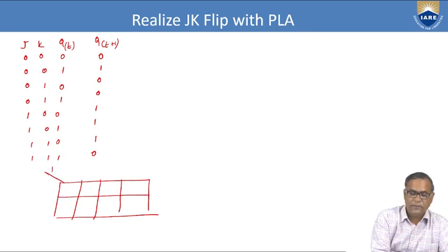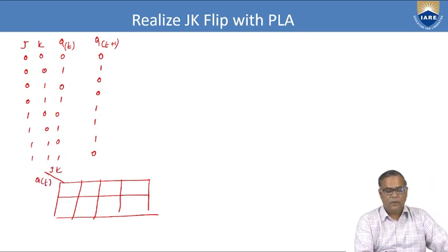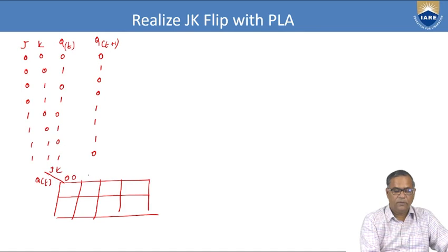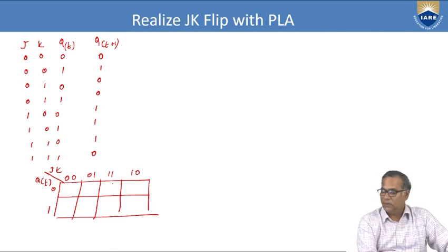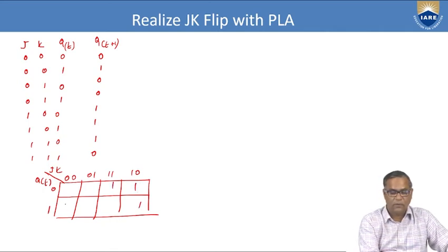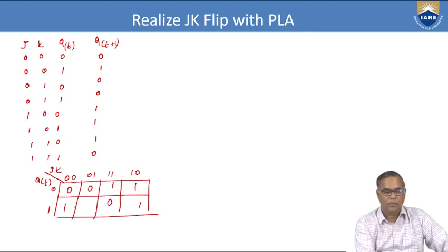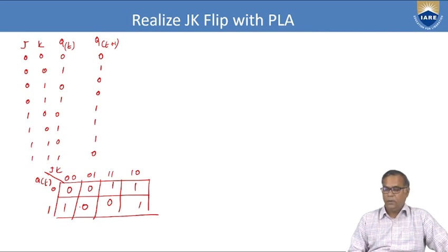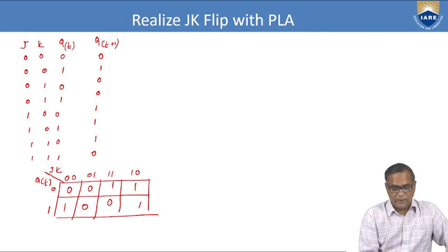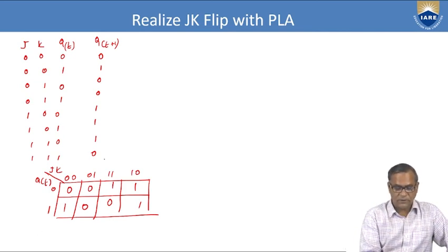So this is JK, and this is QT, and this is 0, 0, 0, 1, 1, 1, 1, 0, and you have ones here, 1, 1, 1, 1, and remaining things are zeros. So when you simplify, this is our K-map for QT plus 1.